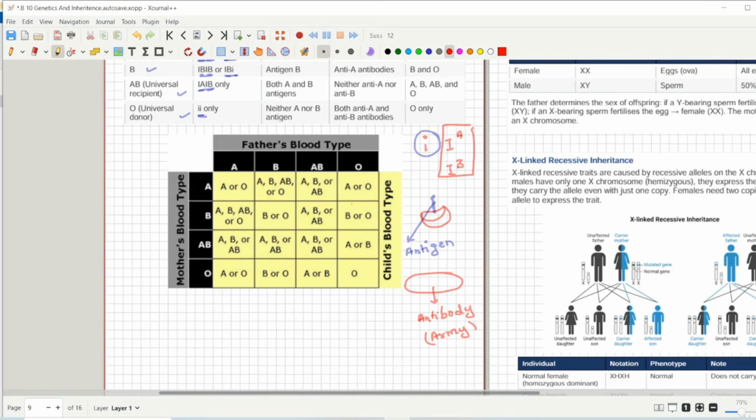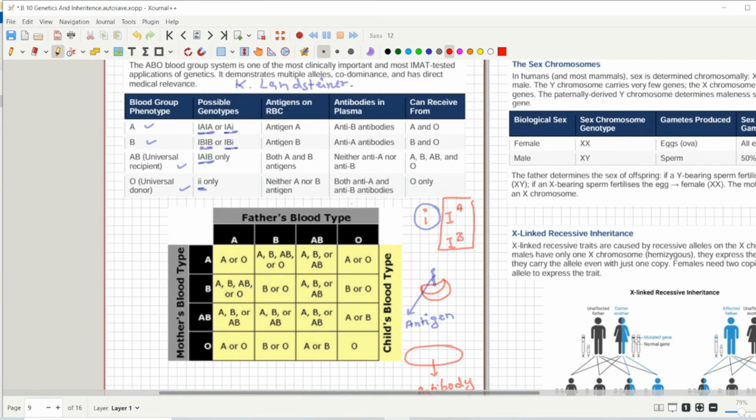For example, the antibodies in your blood only accept blood that is the same as yours. If you have blood group A, then you will have antigen A, but the antibody will be anti-B. Why is that?